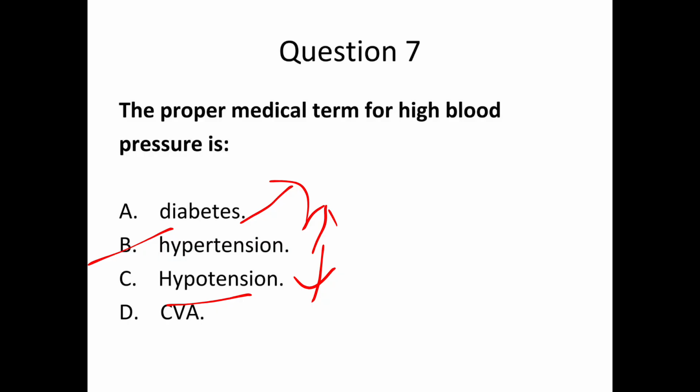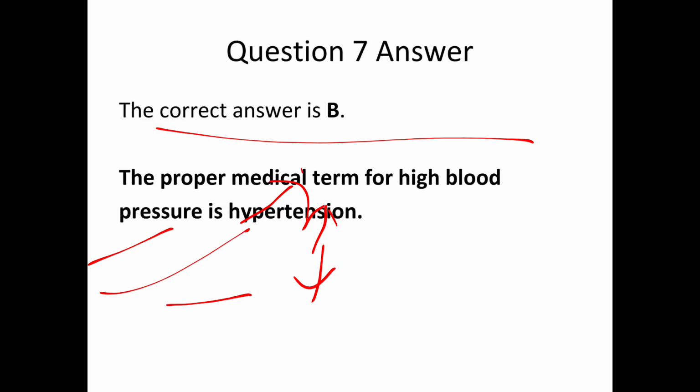It's always a chronic metabolic disorder, mainly characterized by sustained elevated blood glucose levels, and all this is always attributed to defects in insulin action, release, or even both. Severe, it's always cerebrovascular accident. So the proper medical term for high BP is hypertension.